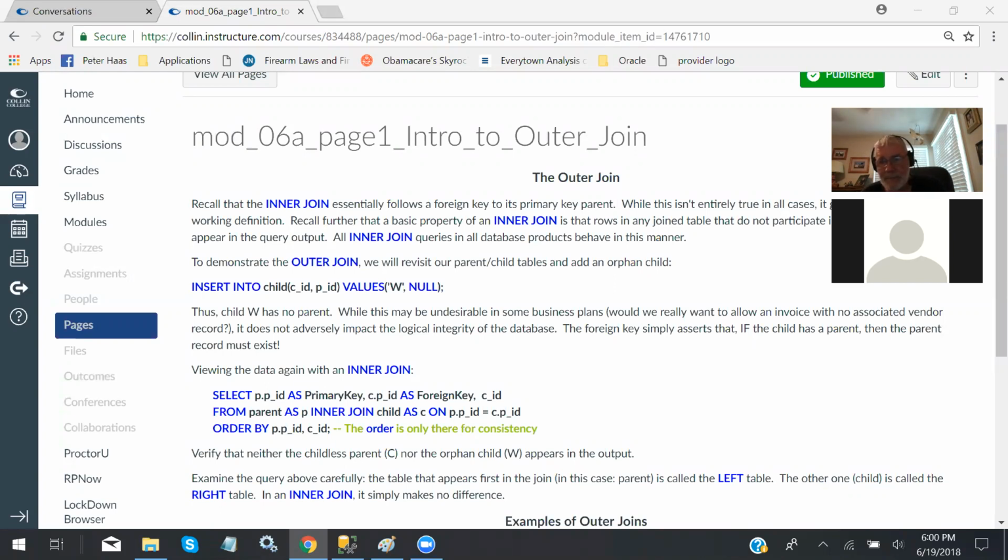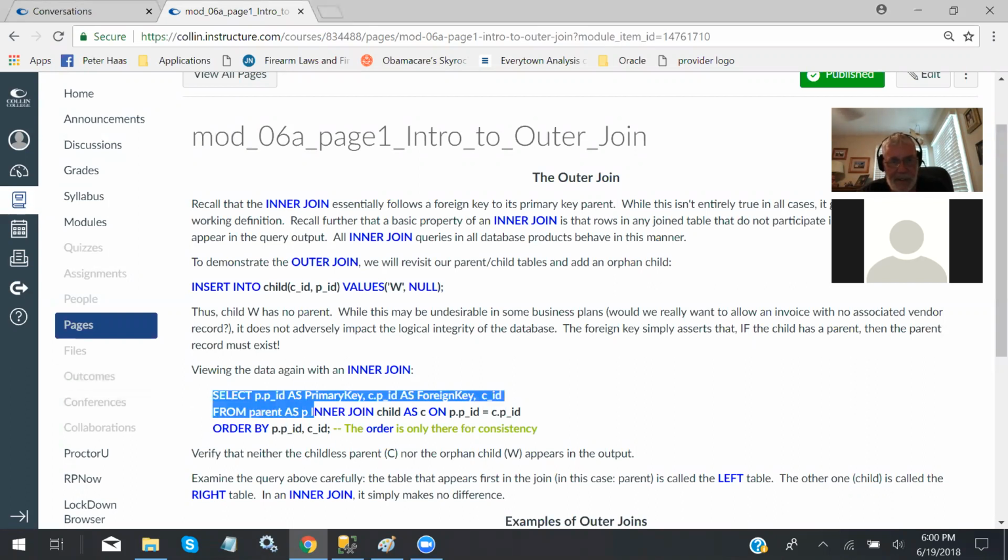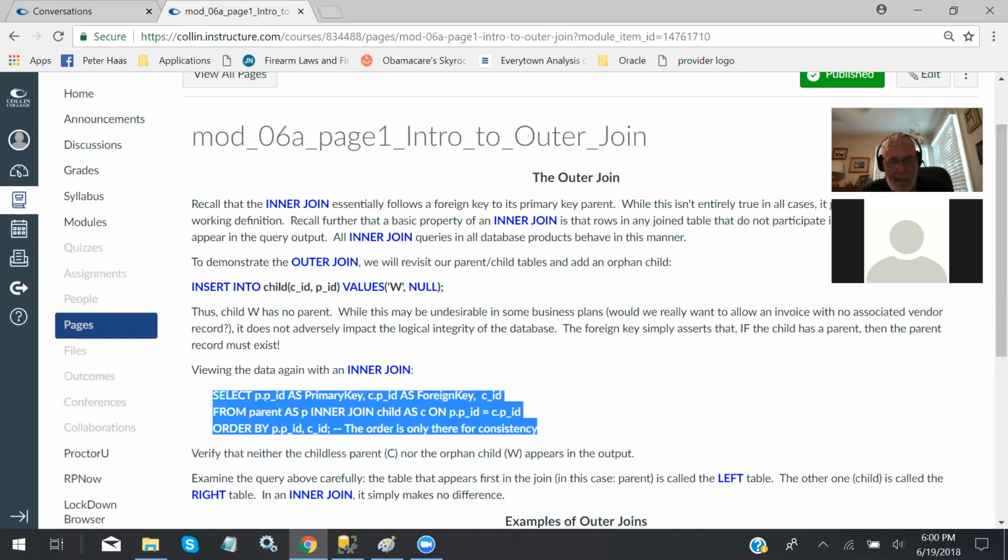Let's see. We are now in Module 6, and we have covered the inner join. We talked about the syntax of the inner join, the new syntax, and I'm highlighting one here.